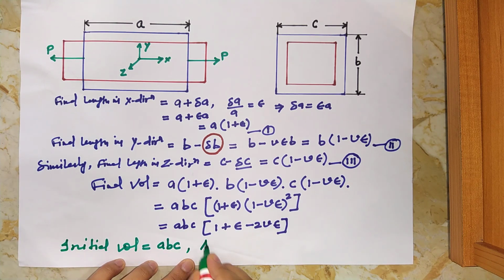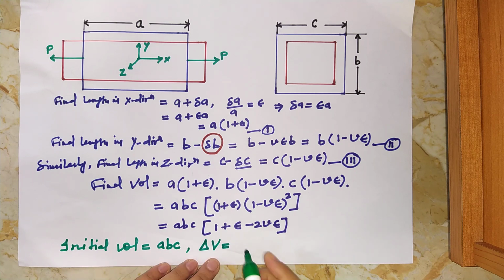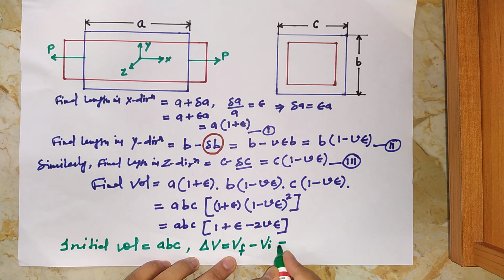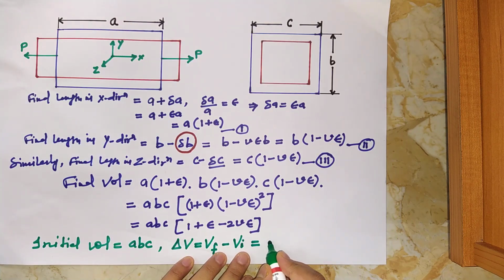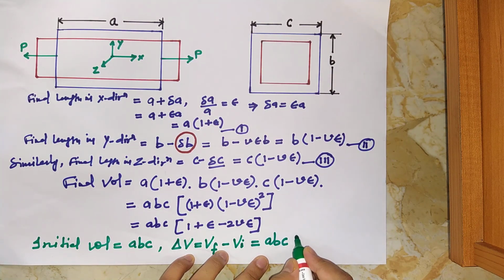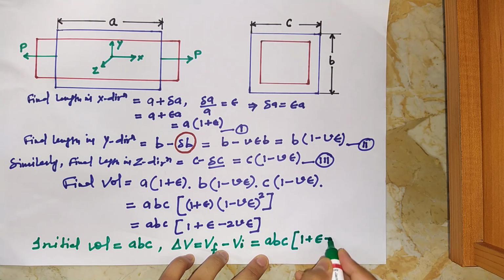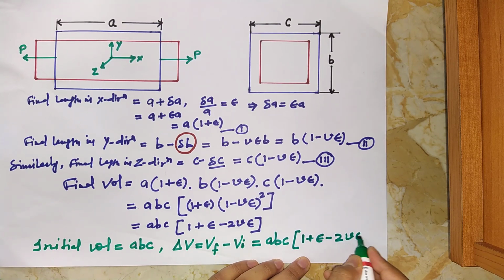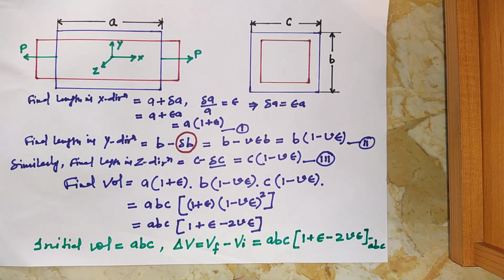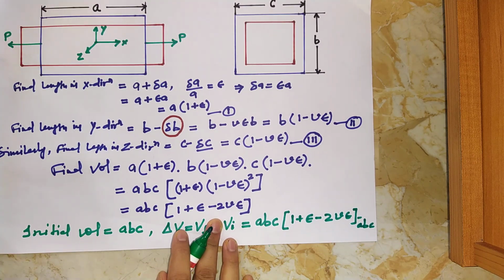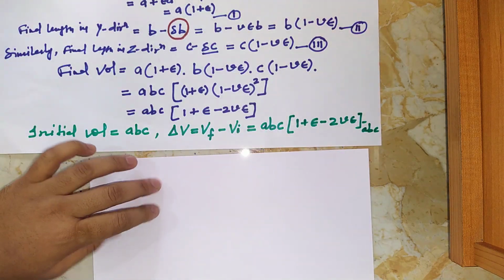So change in volume we can calculate by subtracting initial volume from final volume, which can be written as ABC into (1 plus epsilon minus 2 nu epsilon) minus ABC. We'll take another page. We'll continue after this.